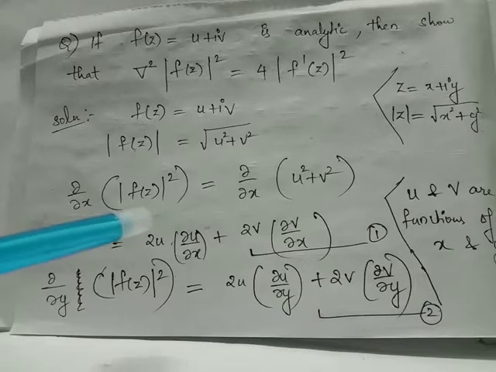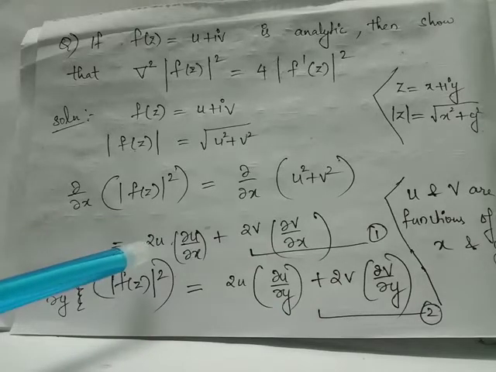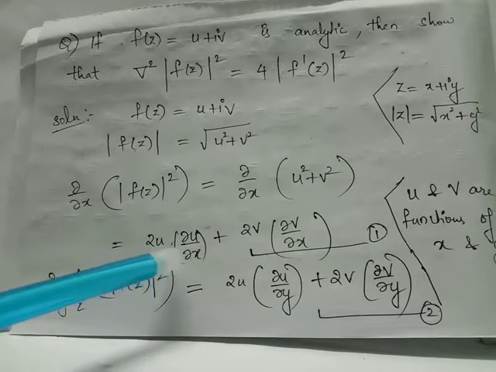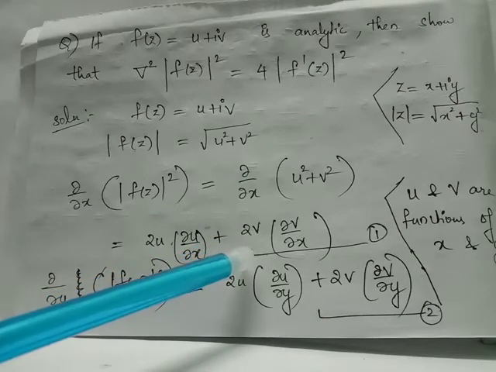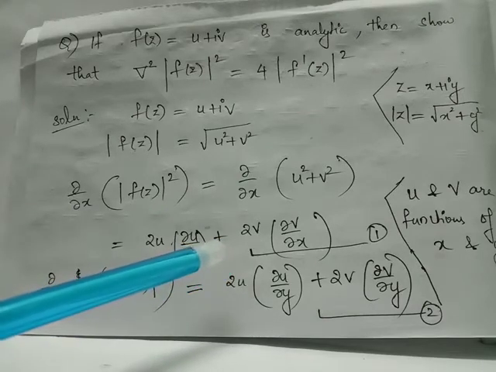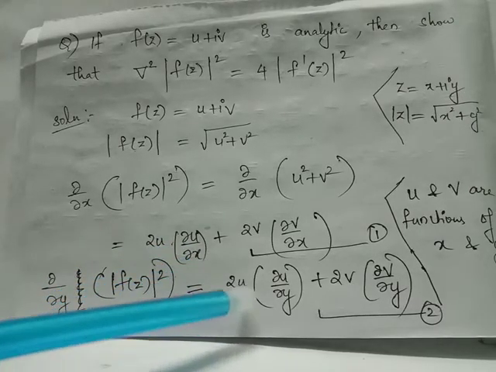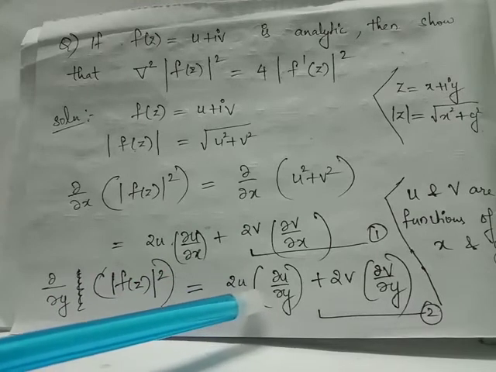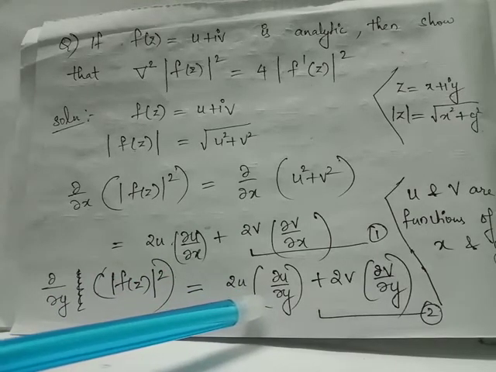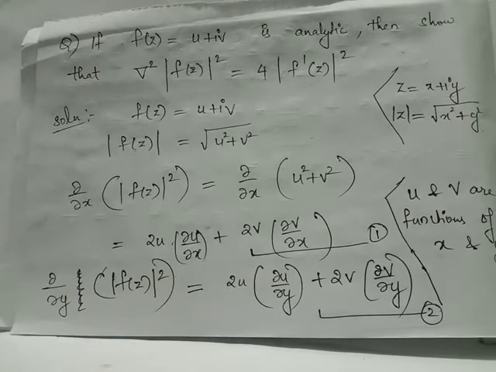After application of product rule, we are expecting 2 terms from here and 2 terms from here. So in total we will have 4 terms once product rule is applied to evaluate dou by dou x applied on this term. Similarly, when we apply dou by dou y on the RHS of equation 2, we are expecting 4 terms after application of product rule of differentiation.